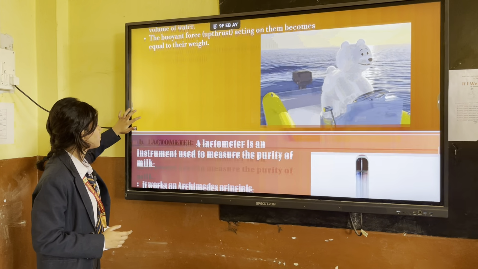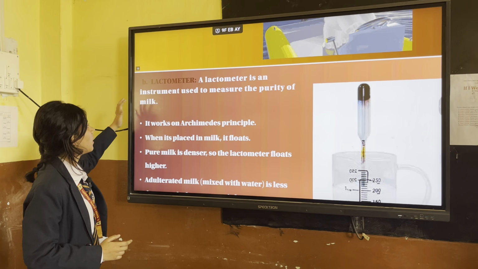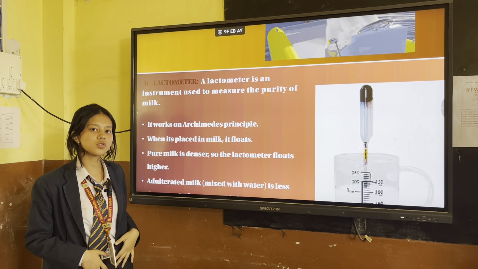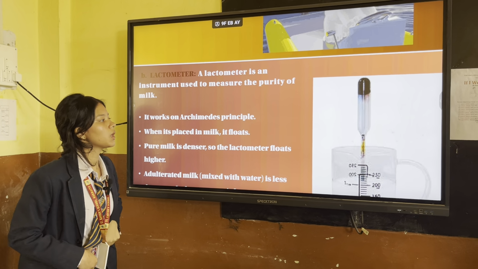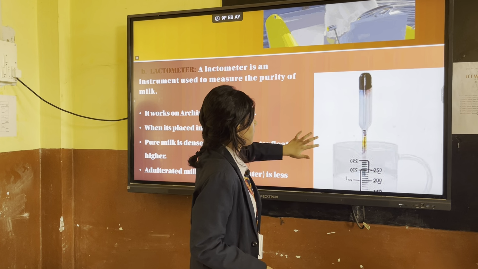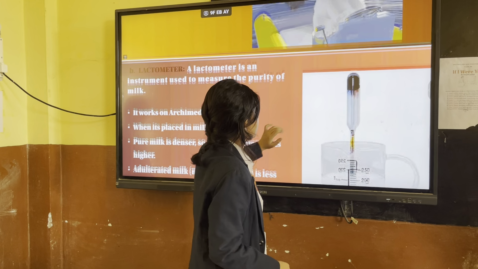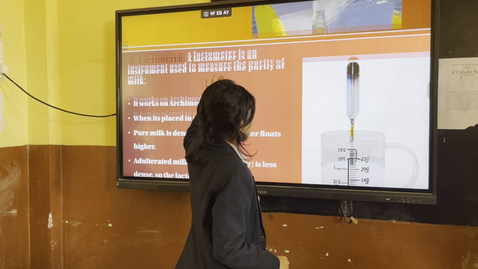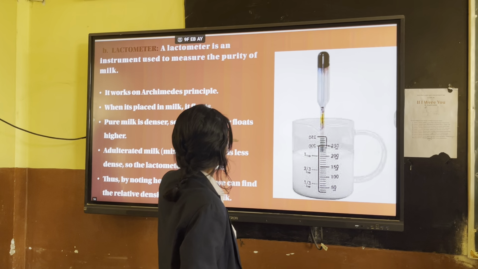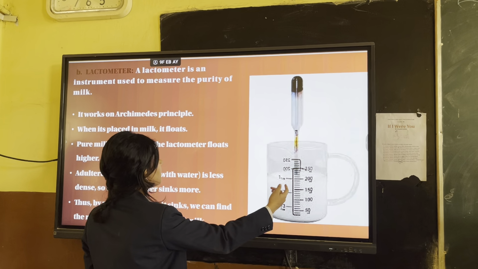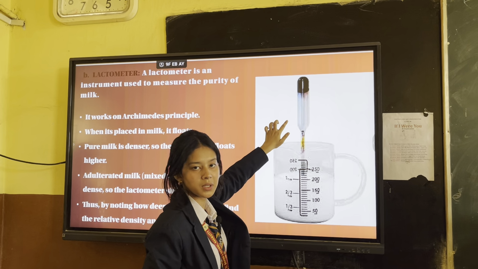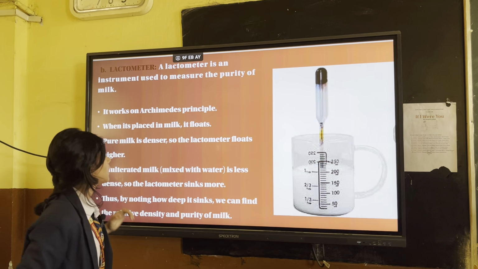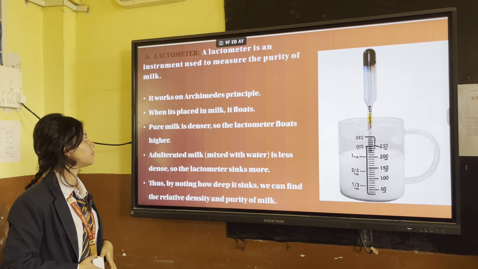Secondly, we have the lactometer. A lactometer is an instrument used to measure the purity of milk. This is a lactometer, and it works on Archimedes principle.